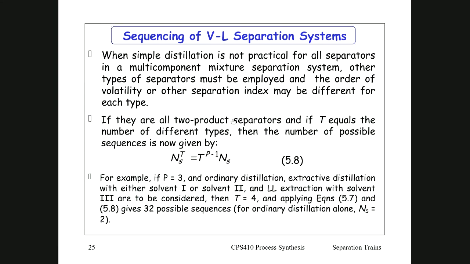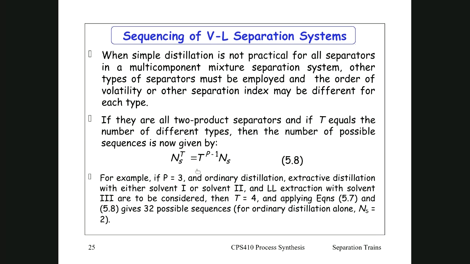Now, if they are all two-product separators, in other words, let's talk about a liquid. You've got two liquids and you separate the two liquids from each other. That means you've got two-product separators. And if T equals the number of different types, the number of possible sequences is now given by T to the power (the number of products minus 1) times the number of separations, NS.